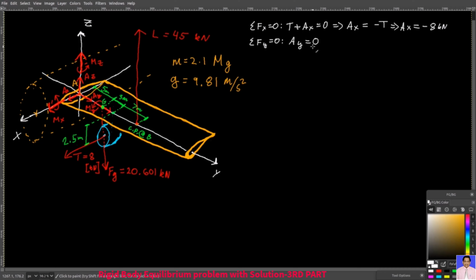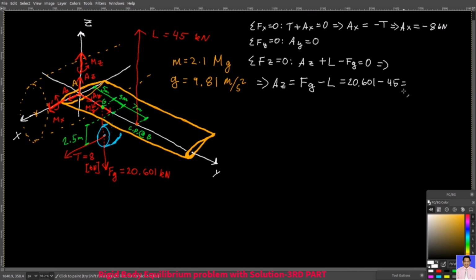There are no external forces in the y direction, so Ay, being the only force in that direction, has to be 0. Then let's do all the forces in the z direction. That's your equation. Az equals Fg minus L, and that will give you minus 24.399 kilonewtons. Again, Az is negative, so it points down, not up.